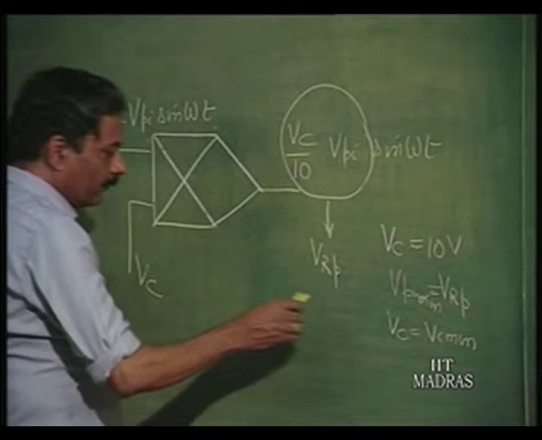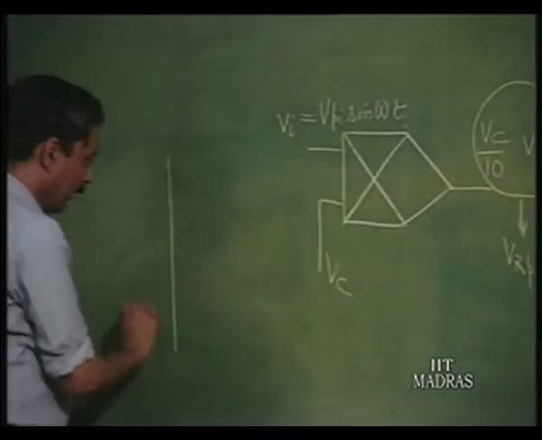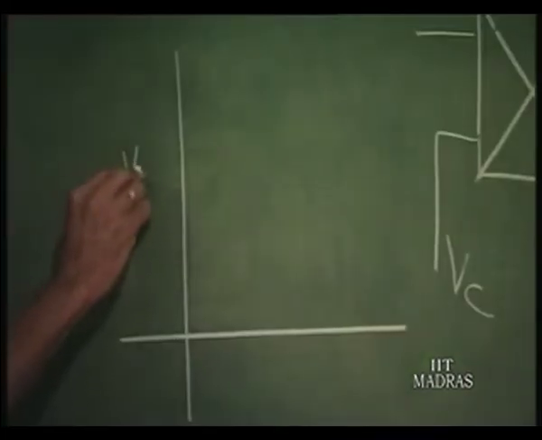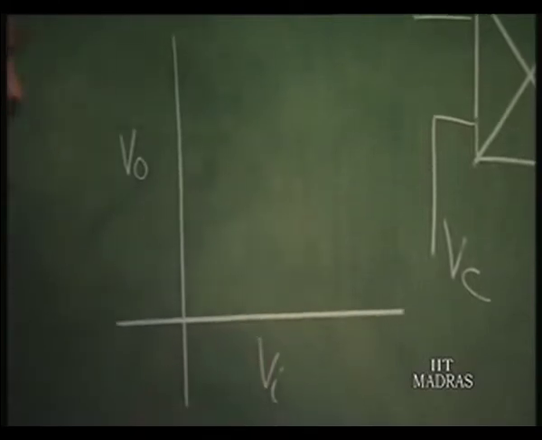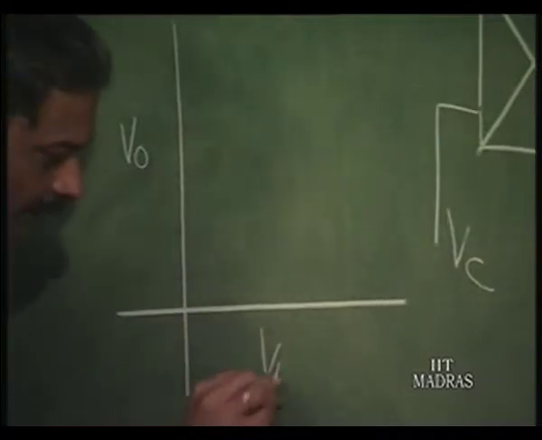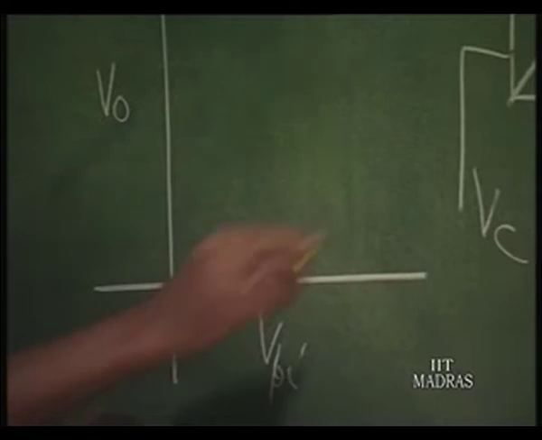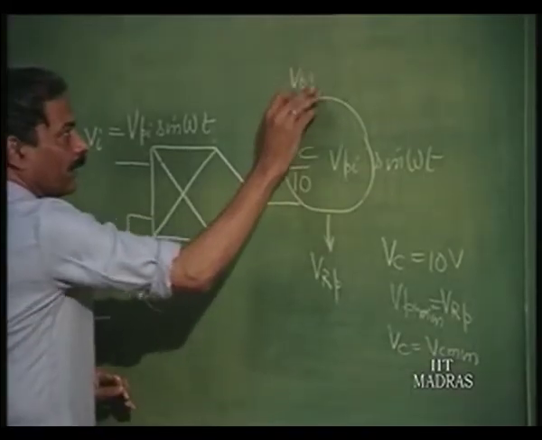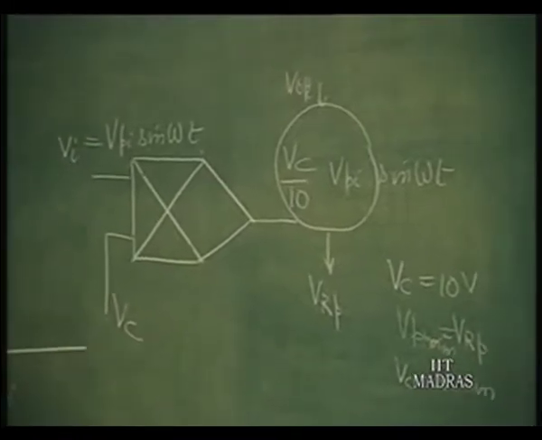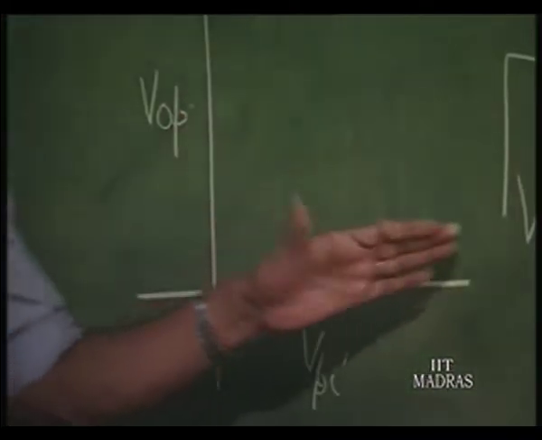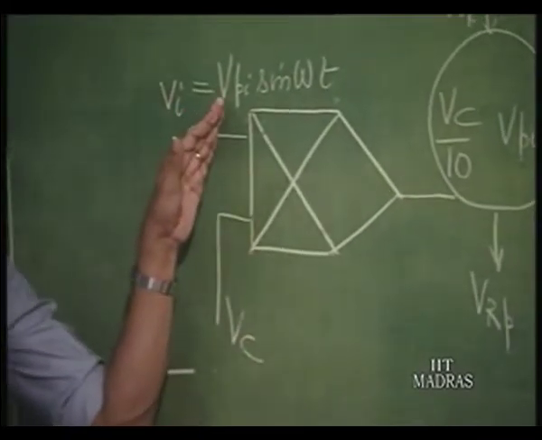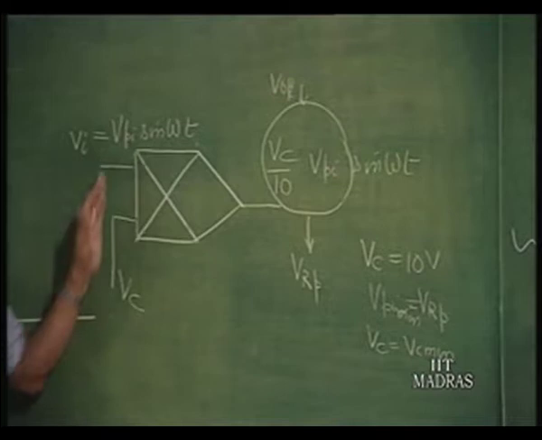So, basically therefore, you will see that if I plot Vpi peak versus V naught peak, it will be just that this will get stuck at 10 volts, okay, when Vpi is low, because it is trying its best to give the maximum gain for it.